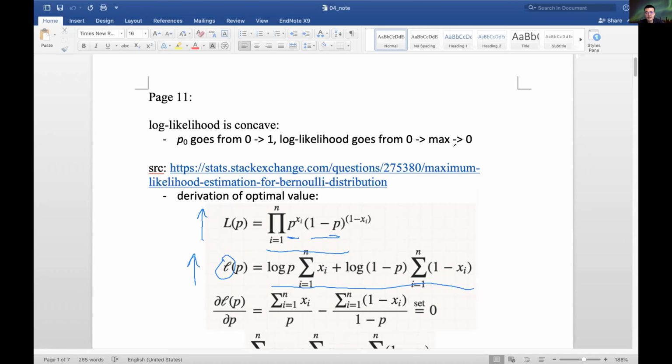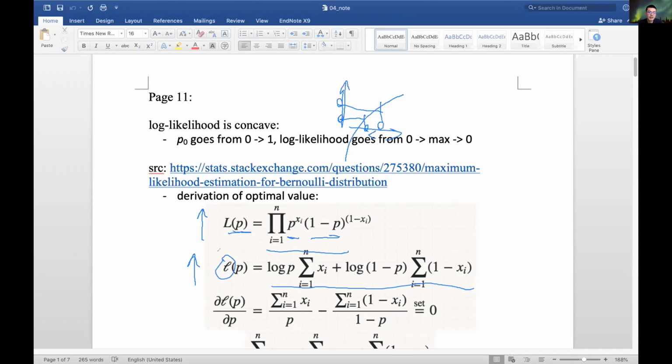By default, the log we are talking about is log e. If these two values are smaller, then after taking log, the log value is still smaller than the other value, because log is monotonically increasing.